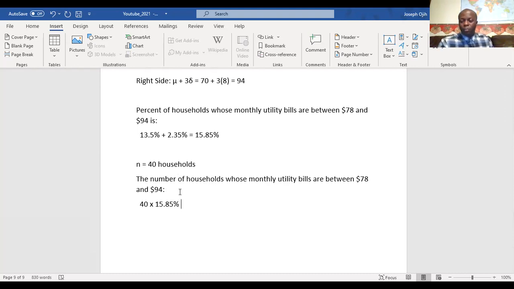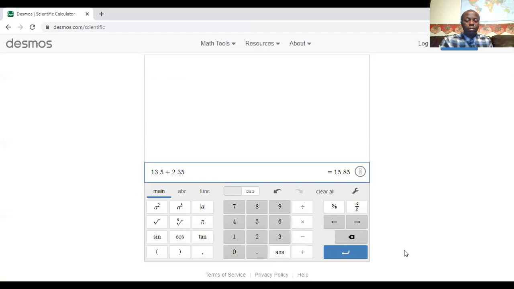Now, if you're multiplying by percent, of course, you know from your basic math class that you have to change the percent to decimal, which gives us 40 times 0.1585. So let's multiply it in decimals. 40 times 0.1585.